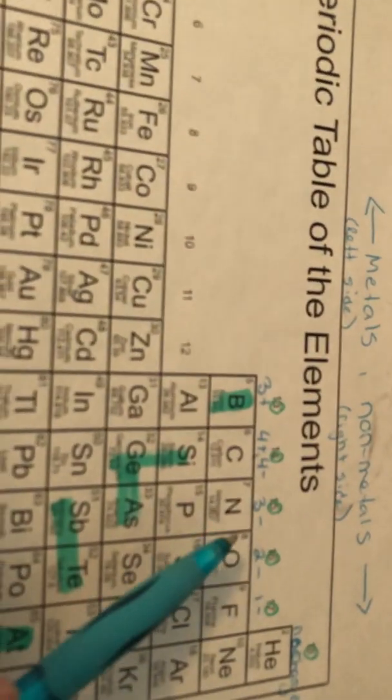So chlorine is going to change into chloride. Another example would be if I took oxygen, and that is going to change into oxide.